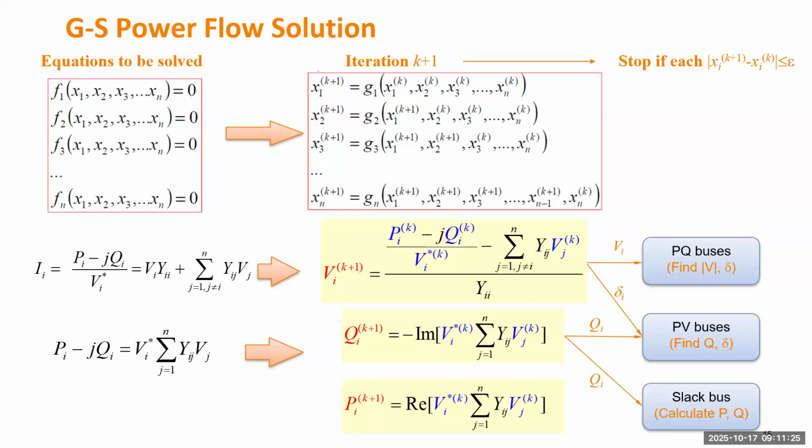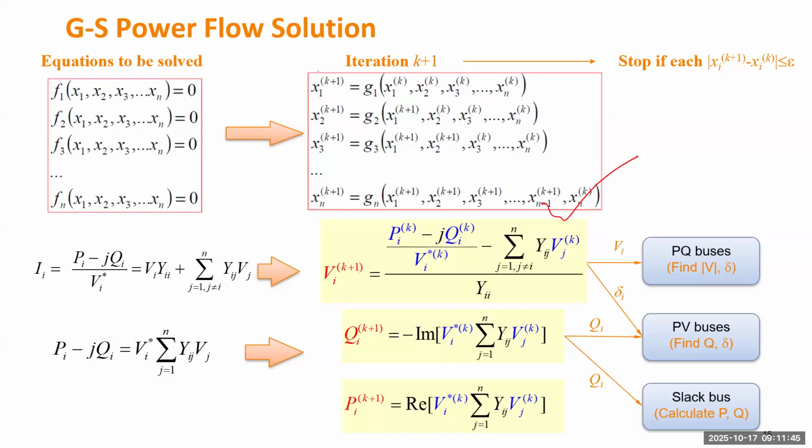First, you need to rewrite the equation to pick the variable to be calculated and move it to the left-hand side. You need to rewrite the equation in this form, depending on which one you want to calculate. Then starting from here, you can iterate.